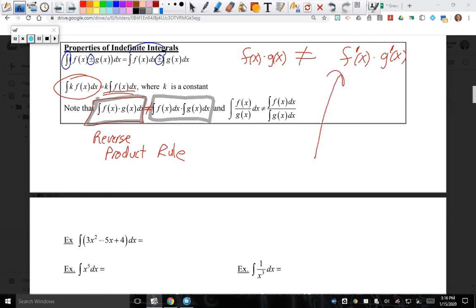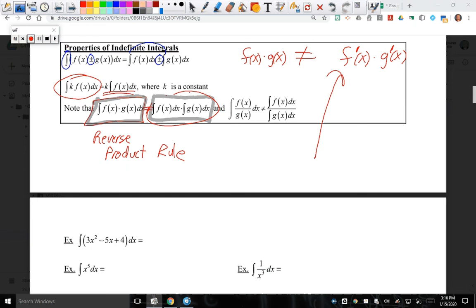For f of x times g of x, you have to do the first times the derivative of the second plus the second times the derivative of the first, okay? Because of that, the same thing goes with antiderivatives. We're going to have to use substitution, which you will learn next class. That's a big thing she just mentioned, but we're not going to learn that today, okay?